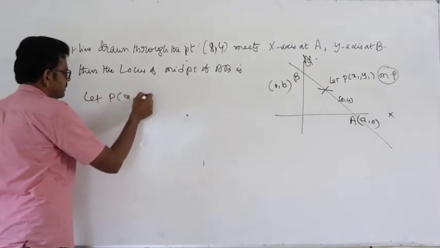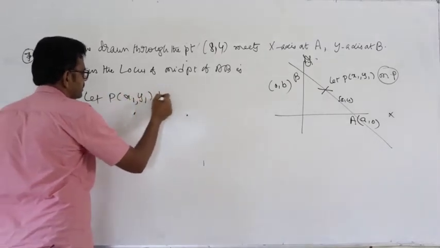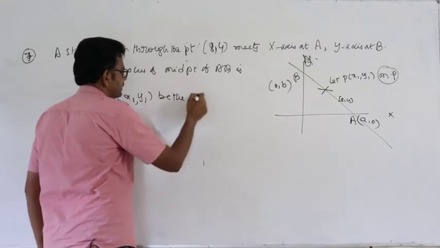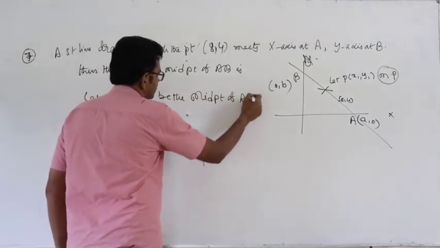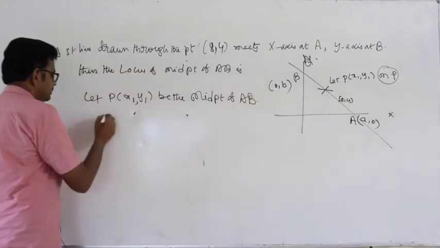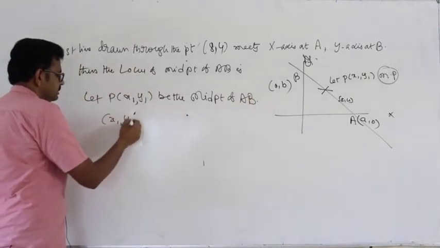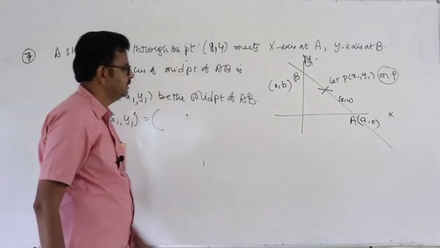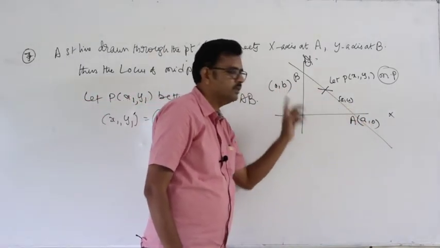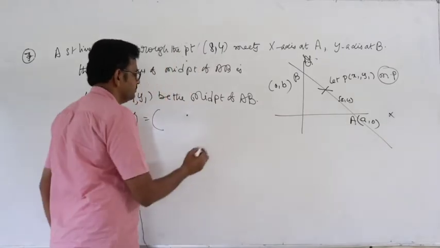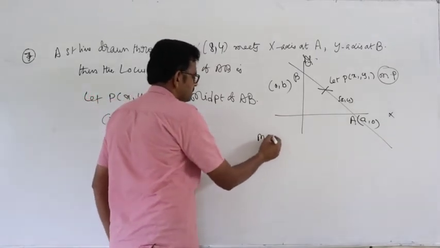By the midpoint formula, (x1, y1) is ((x1 + x2)/2, (y1 + y2)/2). What is the midpoint formula?